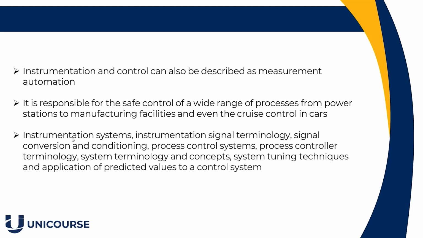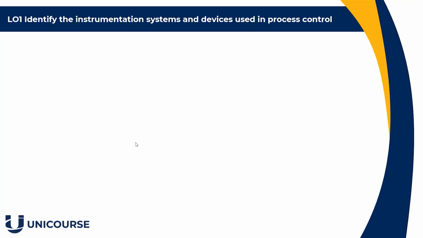Now, of course, all this instrumentation will have its own signal terminology, so it's important that we understand this. We understand what signal conversion and conditioning are, process control terminology, system terminology and concepts, and also tuning. And we'll look at these different parts throughout this presentation and other presentations for Unit 16.